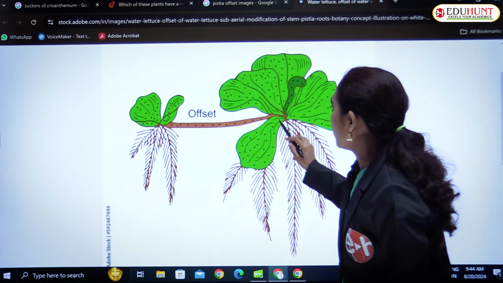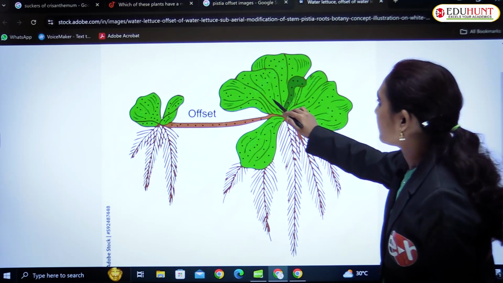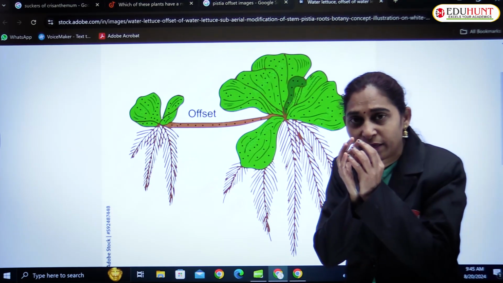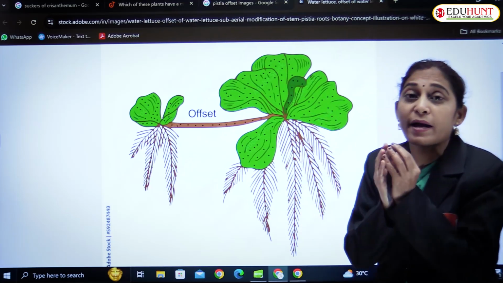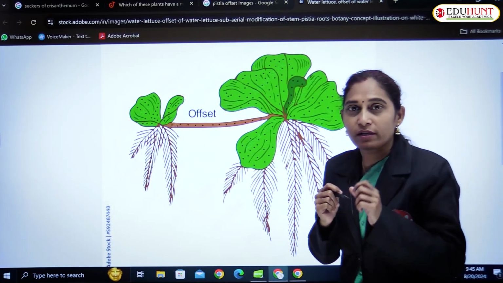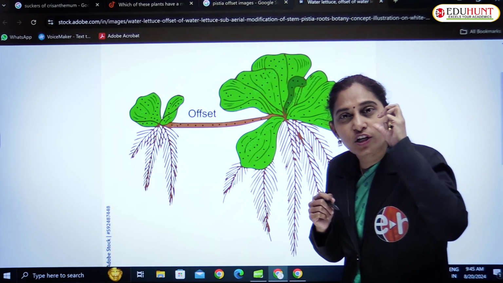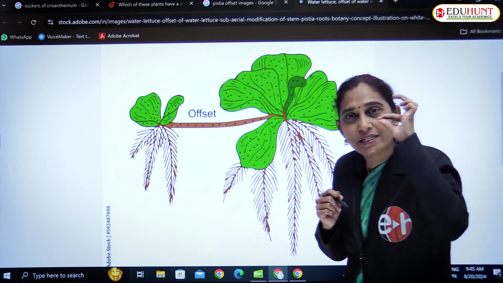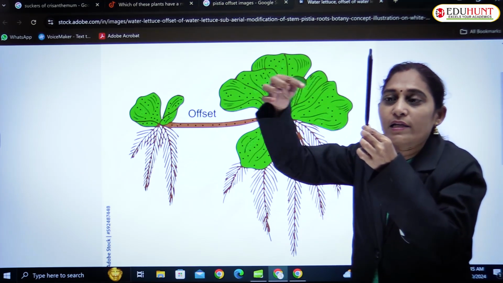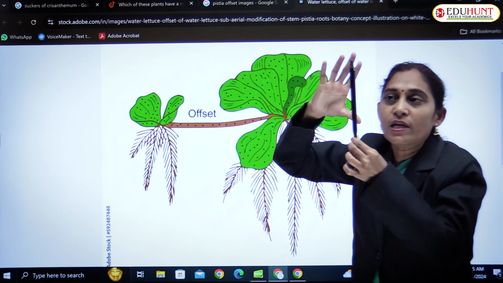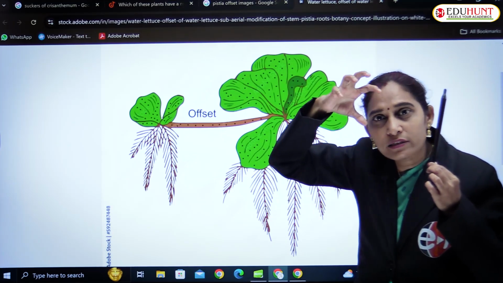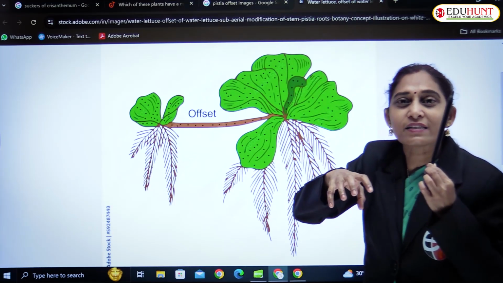This is the offset here. This is the plant which is rosette in shape. Rosette means like a rose, where the petals are compact, the leaves are compact. Why are they compact? Because the stem is very much reduced, condensed to a disc like structure. Suppose they are this long, a leaf here, a leaf here, a leaf here, they would come like that. If it is condensed to a disc like structure, then all the leaves concentrate at the same point.